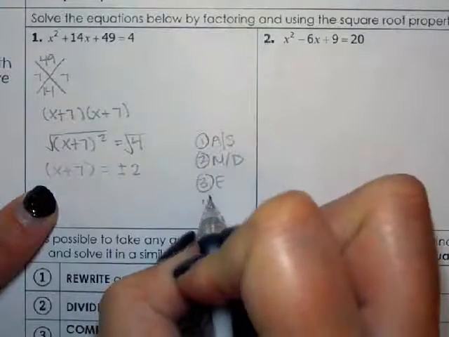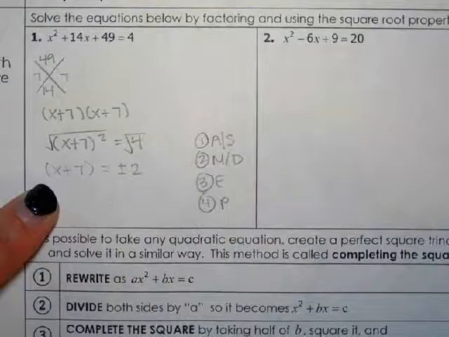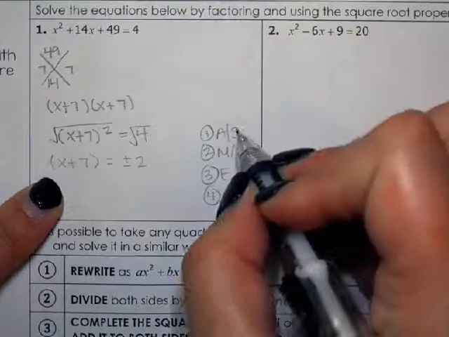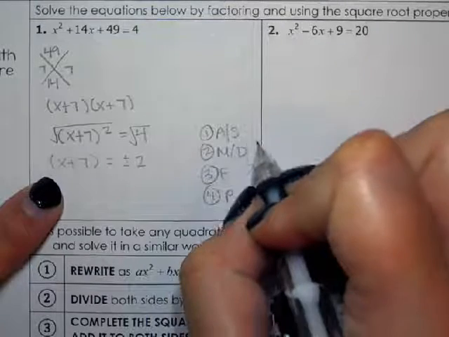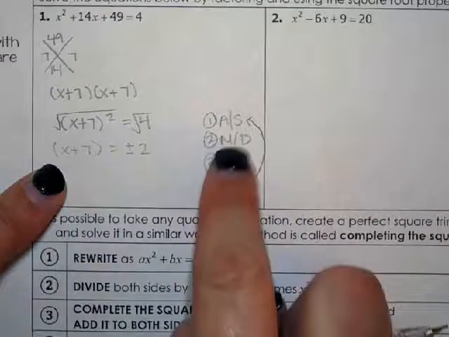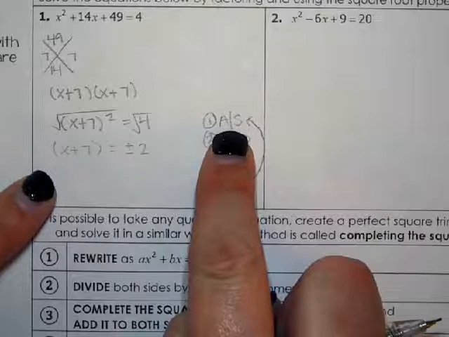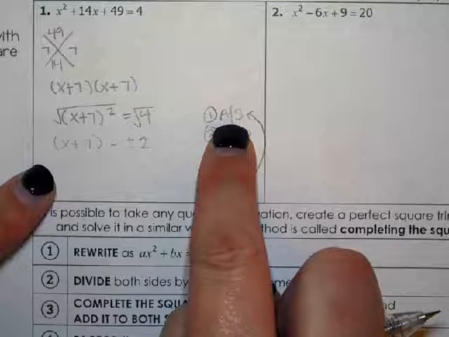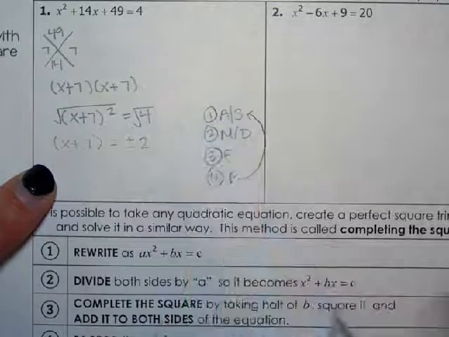Fourth step is me getting inside the parentheses. When I get inside the parentheses, I start the process over again, going back to the very beginning. Is there something I could add or subtract to the other side to get the x closer to being alone? Yes, subtract the 7.